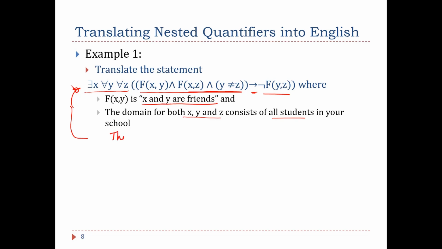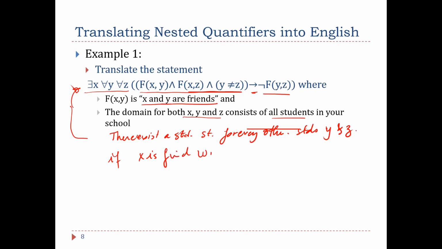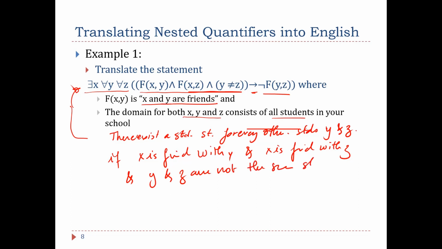So there exists a student such that for every other students y and z, if x is a friend with y and x is a friend with z, and y and z are not the same student, okay, just be patient, I will get to it, then y and z are not friends, okay?